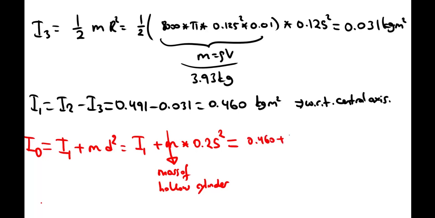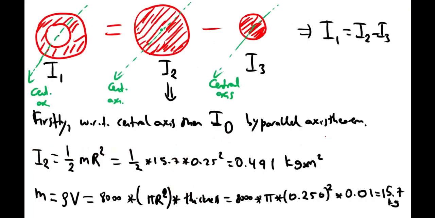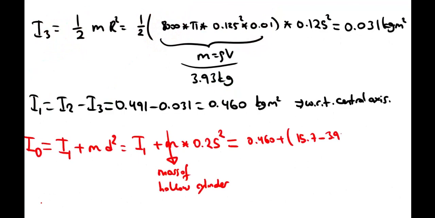So we have the I1 value, and the distance is squared. The I1 value is 0.460, plus the mass, which will be 15.7 minus 3.93, times 0.25 squared.